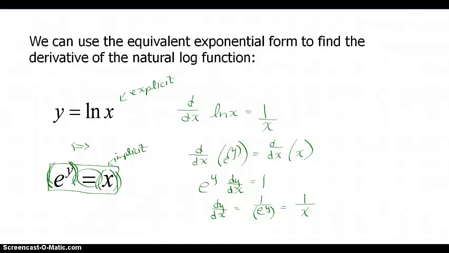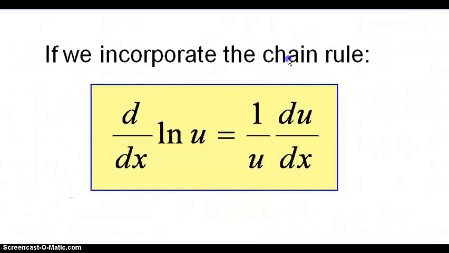I want again for you to put it in your notes using the chain rule. Let's incorporate the chain rule. And remember, here is the outside, and here is the inside, just like we saw with e to the u. So the outside is the natural log of, whatever we feed it. The inside is that expression that we fed the natural log function.